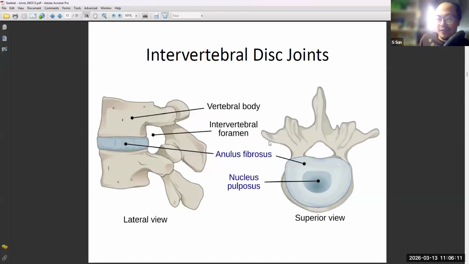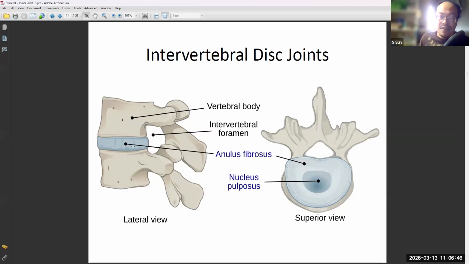Another one we can find is the intervertebral joint. Here you have that disc again. Here is the vertebral body, two vertebrae put together. This allows a little bit of movement, so you can move it, but not a lot. Basically, it absorbs shock and absorbs weight.